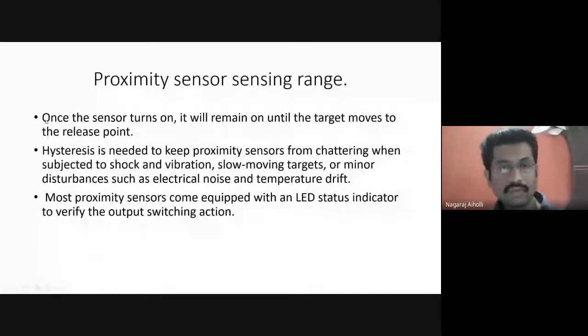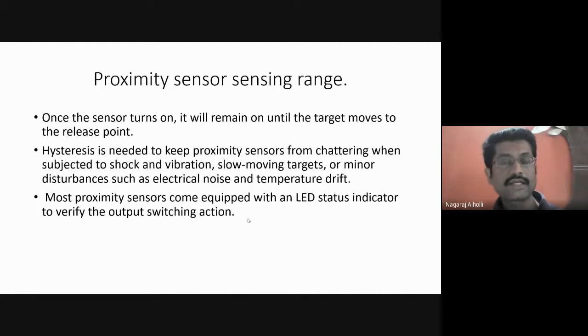Hysteresis is needed to keep proximity sensors from chattering. When the object to be sensed is in the region of the hysteresis zone, there is no chatter produced by the sensor because of external vibrations, slow moving targets, electrical noise signals, or temperature variations.